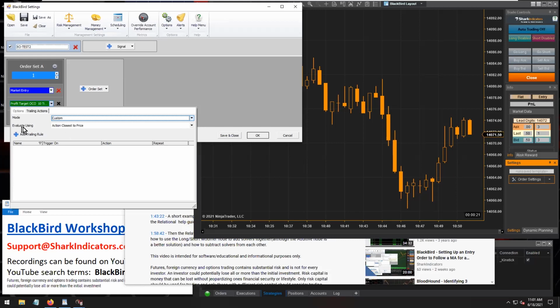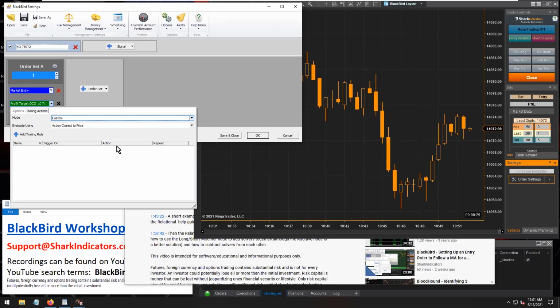And we can see that the evaluate using is action closest to price, right? So what is action? Remember, the action column is what sets the new price for the order. Another way of rephrasing this would be, order price closest to the market.